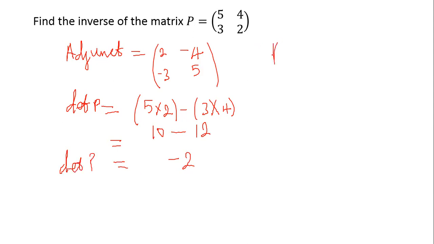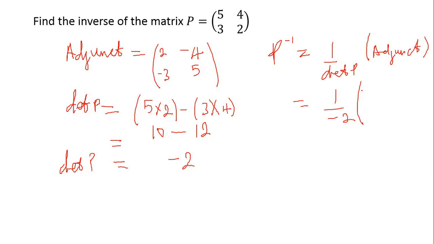So we are going to say P inverse is equal to 1 over determinant of P. Then we multiply by the adjunct matrix. So this is the same as 1 over -2 into now the adjunct, which is 2, -4, -3, 5. Okay.